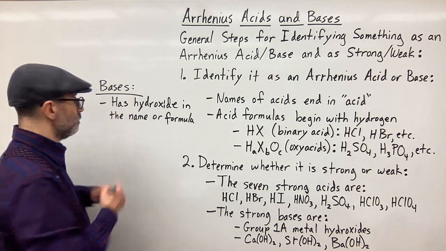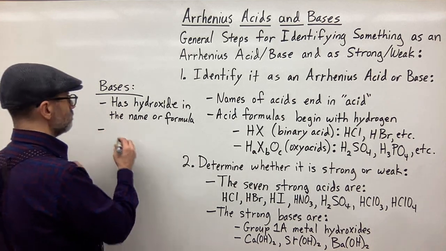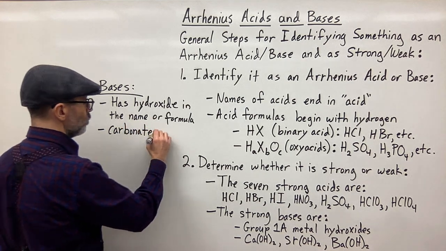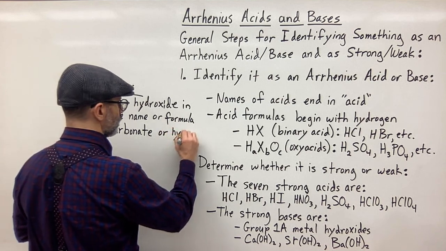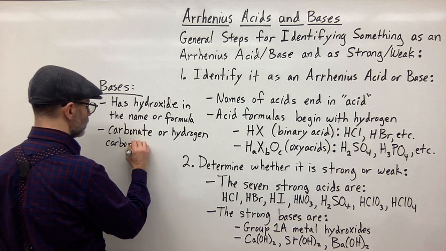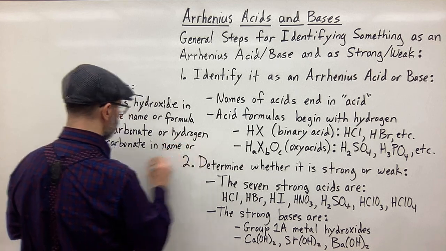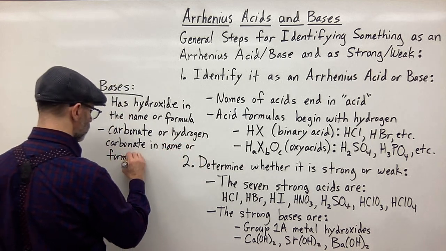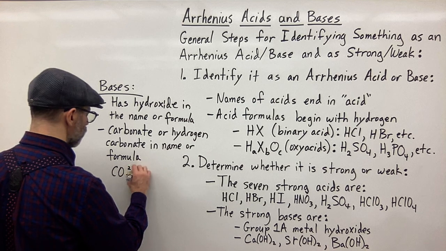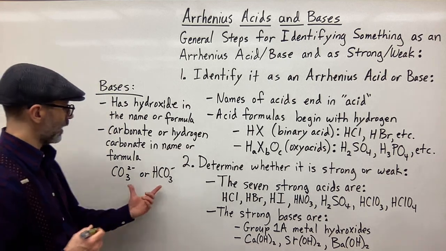There's also other ones that you could see. So if it has carbonate or hydrogen carbonate in name or formula, and that's going to be your CO3 2 minus or your HCO3 minus ions.